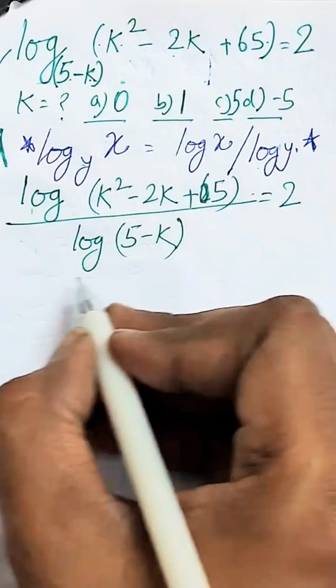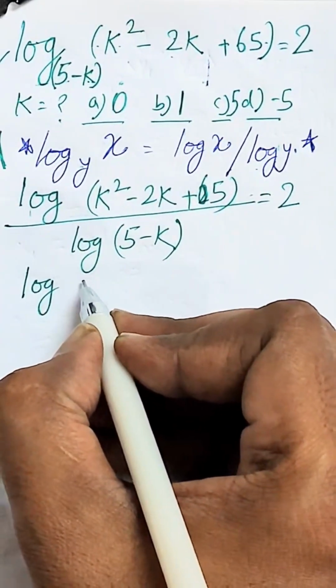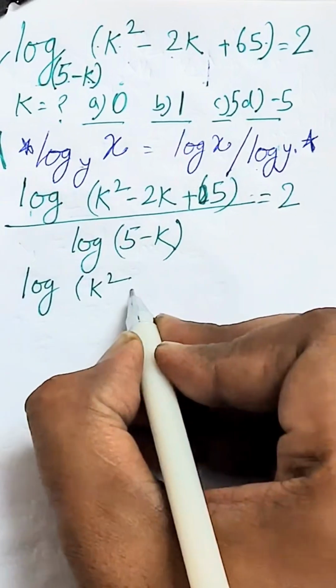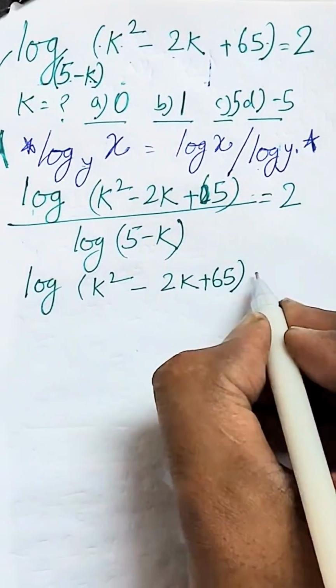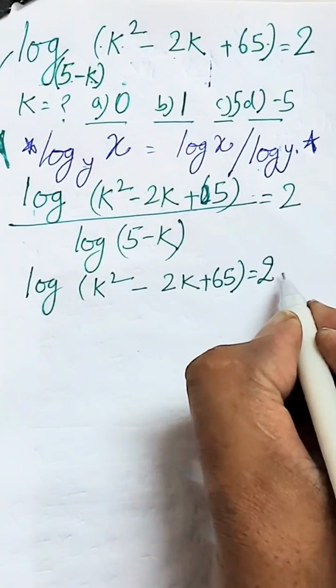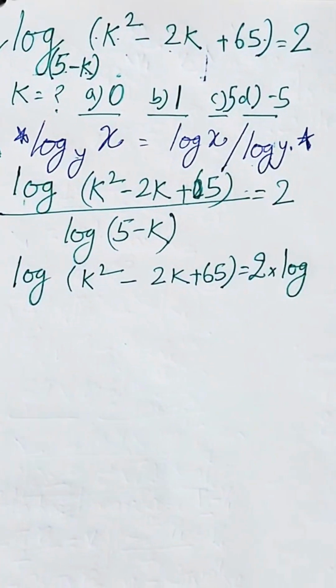Now when we cross multiply, we can write log of k² - 2k + 65 is equal to 2 times log of 5 minus k.